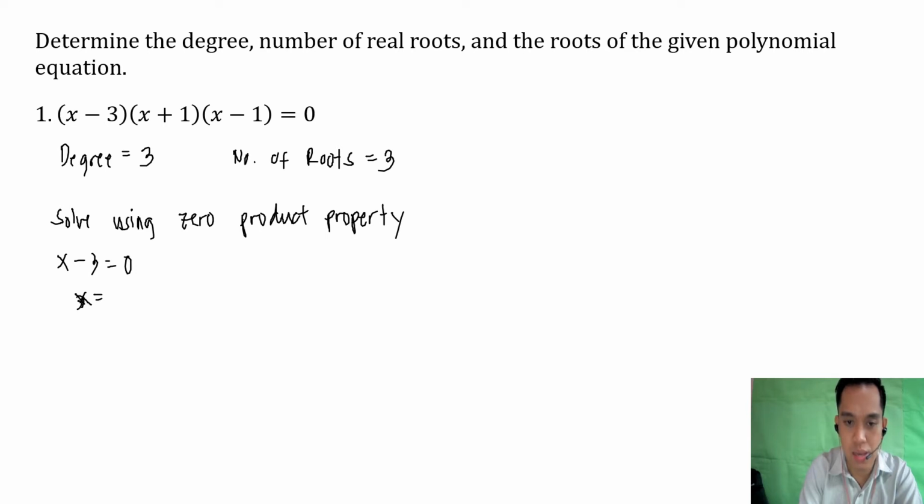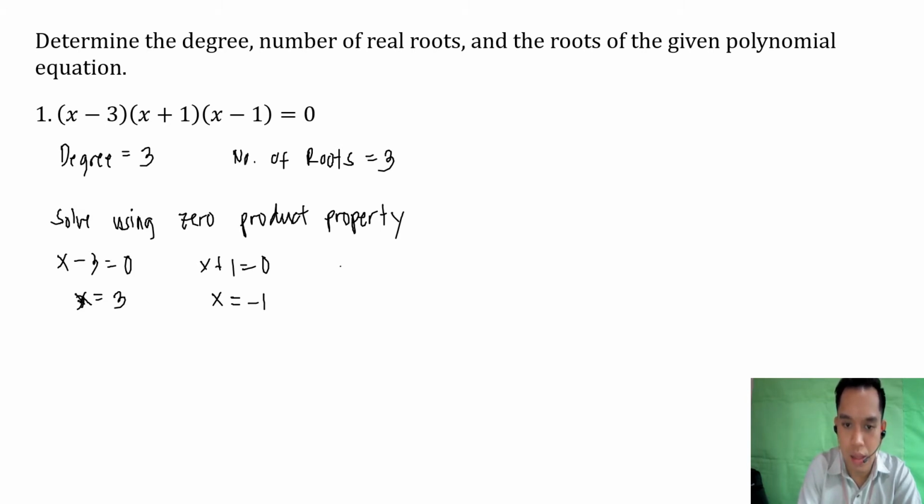So, the value of x is, okay, positive 3. Then, next is yung x plus 1 naman. X plus 1 equals 0. Then, transpose the positive 1 to the other side of the equal symbol. That will become, okay, negative 1.